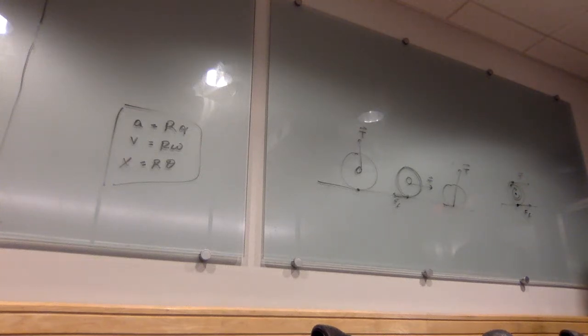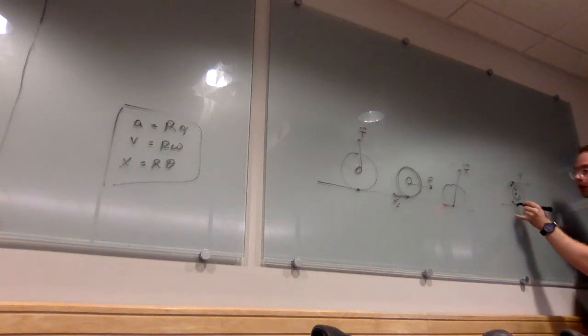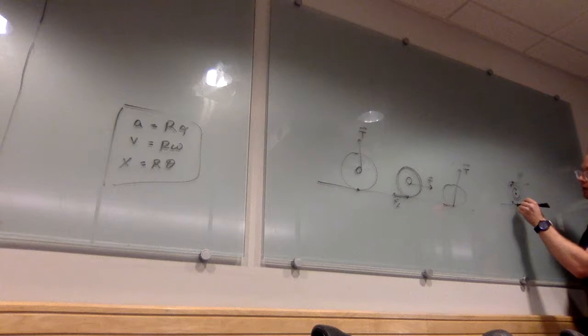Doesn't friction oppose the motion though? Yes, the motion of the bottom of the wheel is going that way, right? So the center of mass is moving whatever. But the bottom of the wheel, if there was no friction, it would want to go that way.